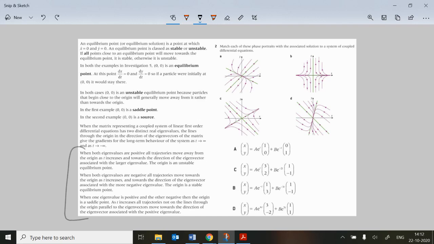Okay, so there's quite a lot to unpack there. It says this is an unstable point, so we're talking about two positive eigenvalues. So let's have a look at which one that is here. That's this one, that's D. The eigenvalues are 4 and 5.